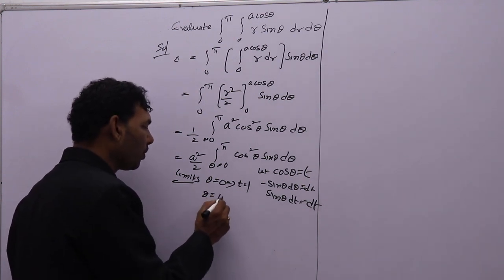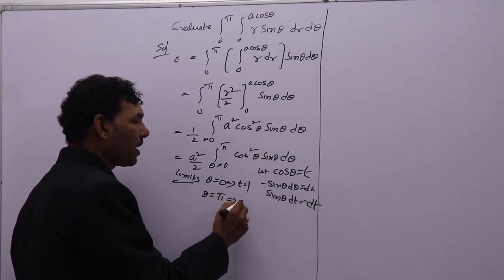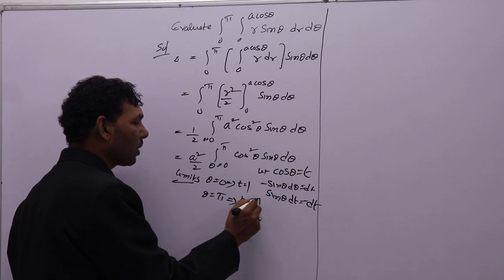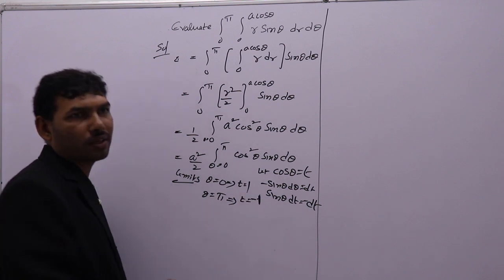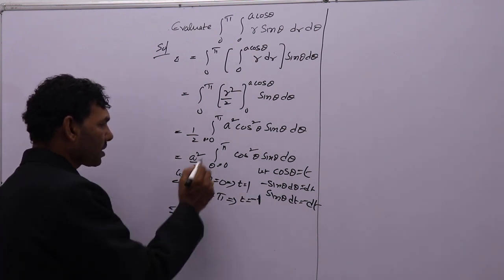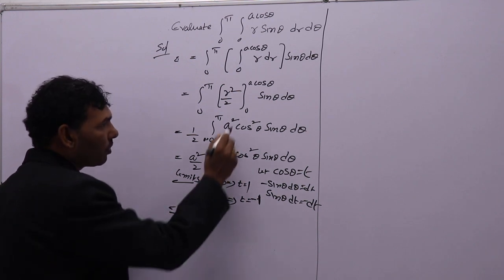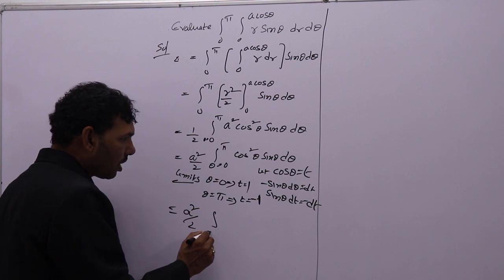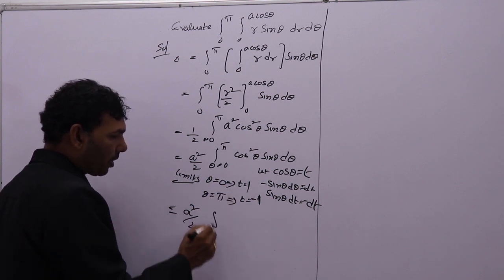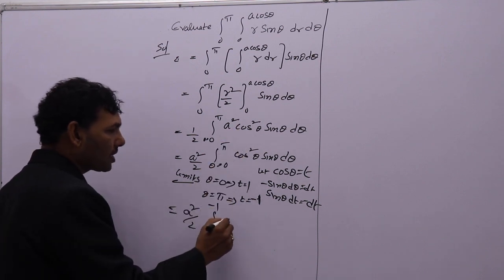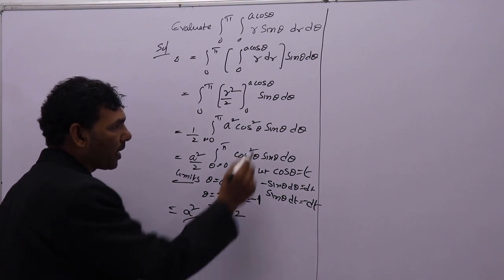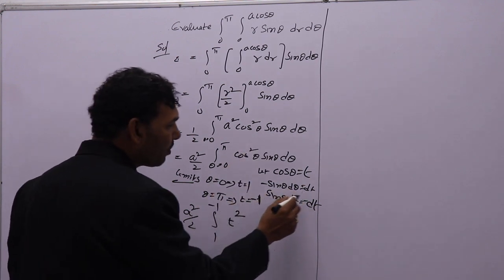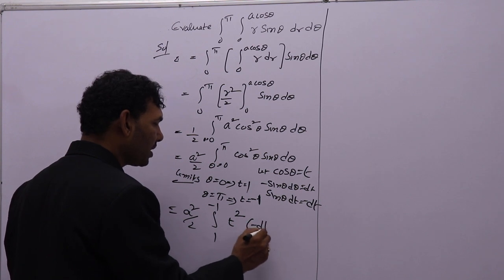If theta is pi, you know cos pi is minus 1, t will be minus 1. Now the limits will be like this. A square by 2, cos theta is t, integral lower limit 1 to minus 1, cos theta is t, t square, sin theta d theta will be minus dt.